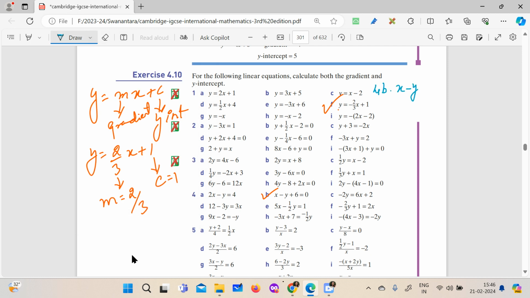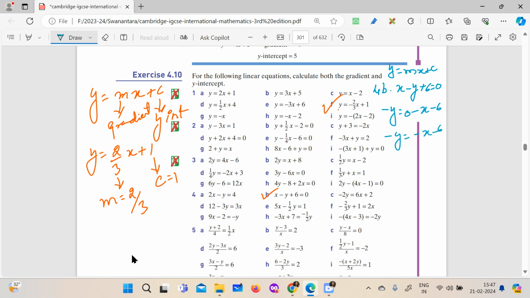x minus y plus 6 is equal to 0. I want it in y is equal to mx plus c form, so let me follow the steps. I will shift x and 6 to this side. Now this will become minus x minus 6. So I can say minus y is equal to minus x minus 6.